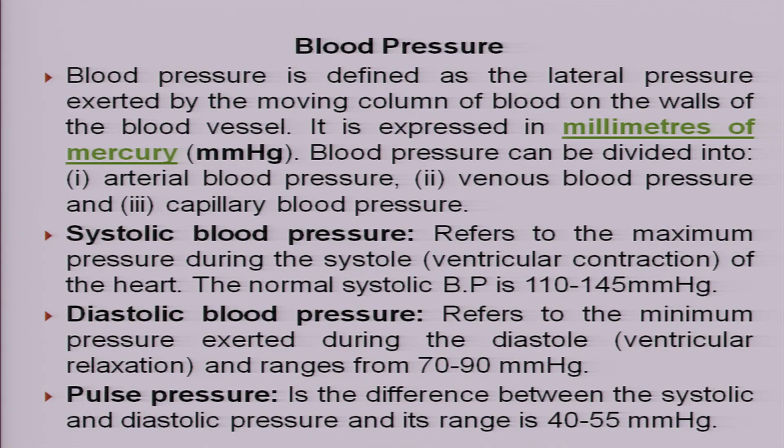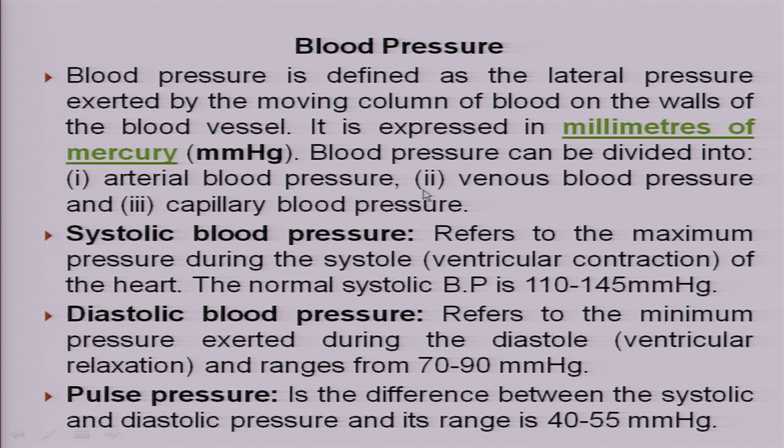In blood pressure also we have systolic and diastolic pressures. When systole is happening, the heart is squeezing the blood out and this contraction generates a pressure on the arteries, and this pressure normally ranges from 110 to 145 millimeters of mercury. Blood pressure is expressed in millimeters of mercury.